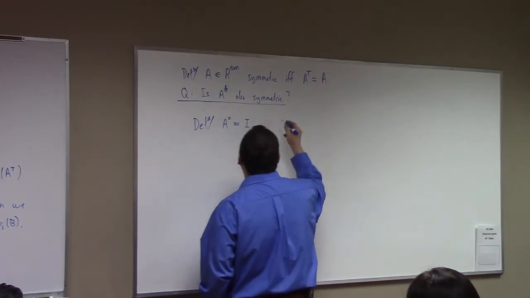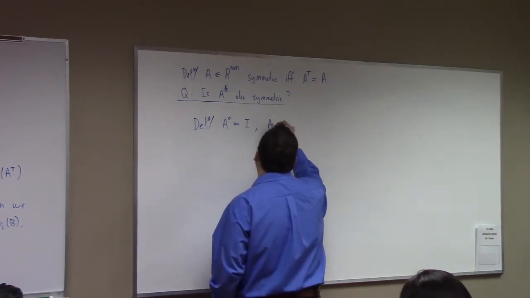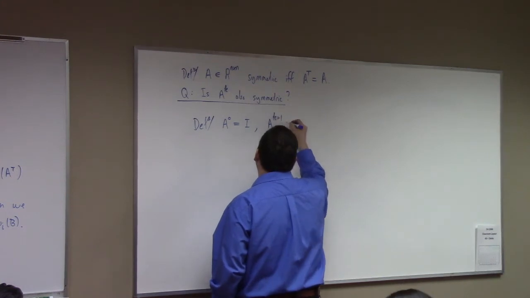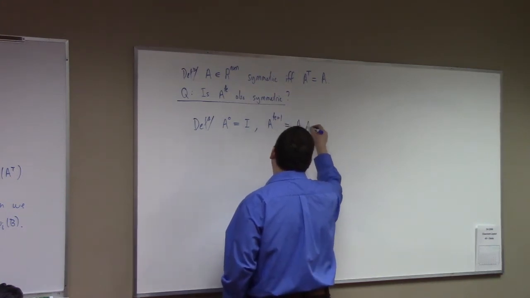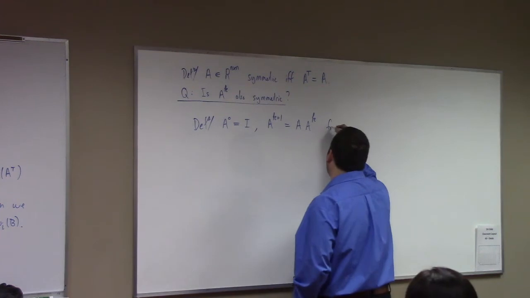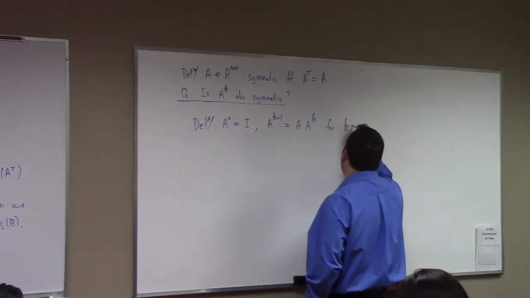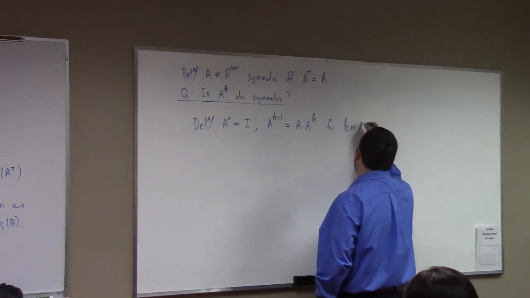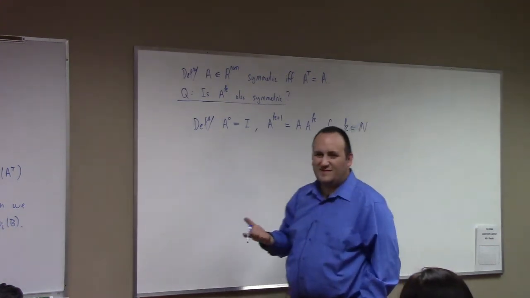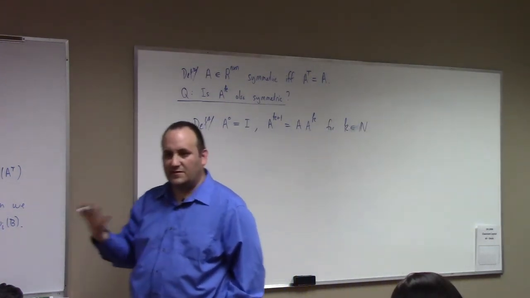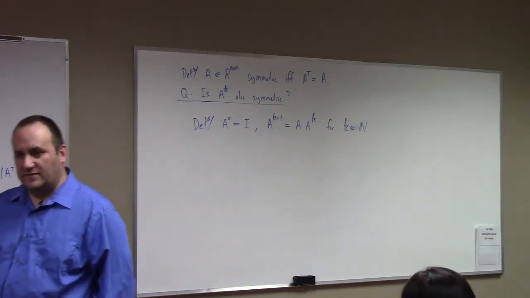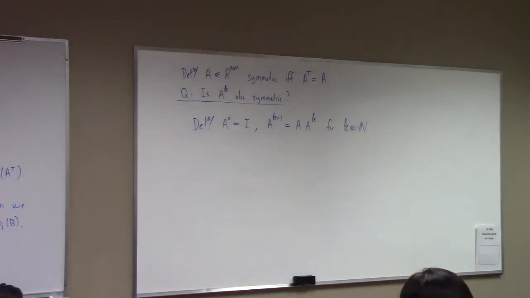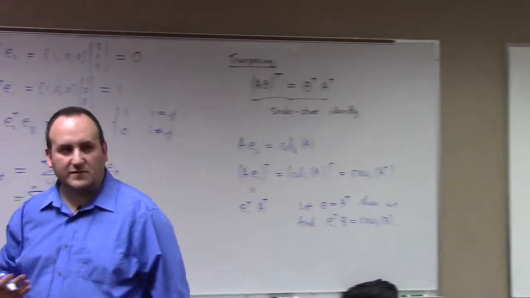And A to the power k plus 1 is just equal to A times A to the k, for k in the natural numbers. This just means that A to the first power is A, A squared is A times A, A cubed is A times A times A. It's the usual definition.